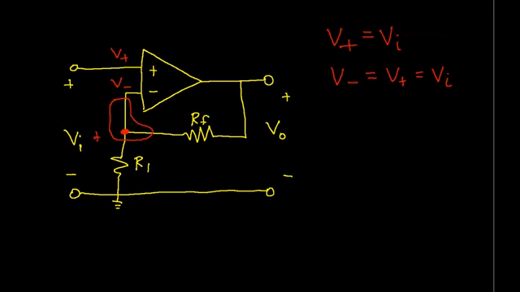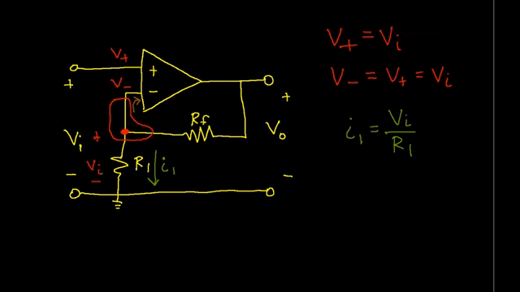From this node to ground, there is a voltage of VI, which then allows us to compute the current going through R1. So we'll call this I1. I1 is VI divided by R1. Okay.